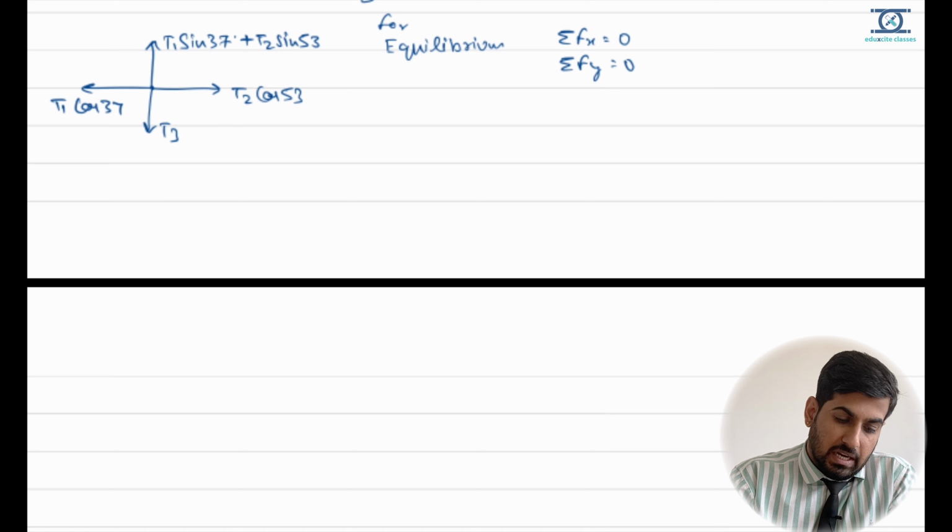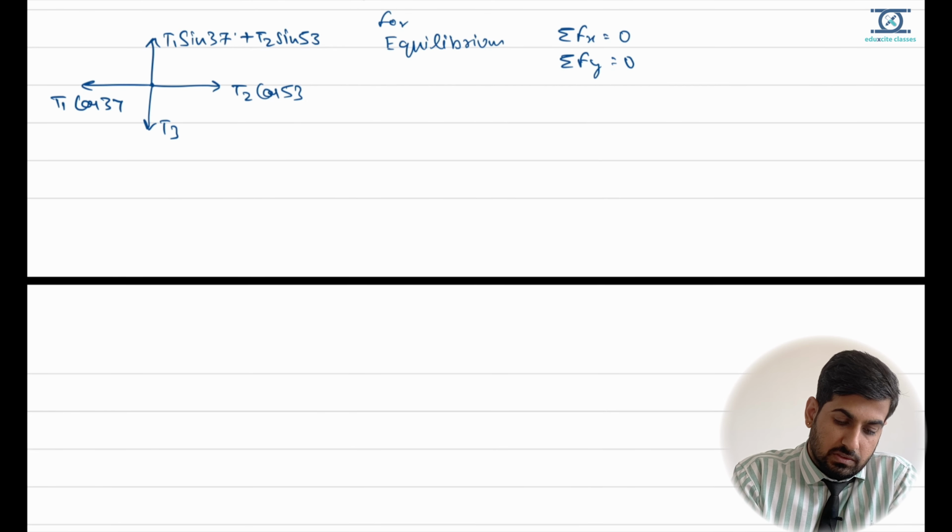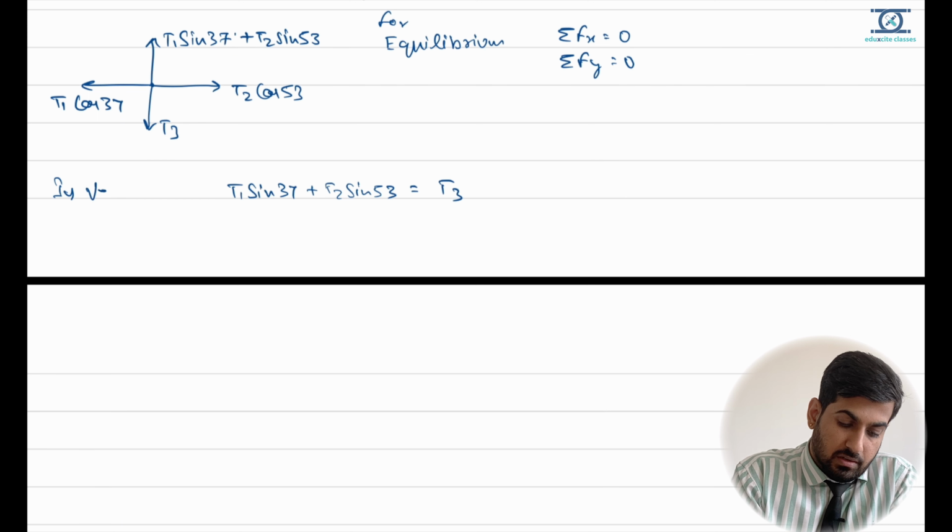So considering that, I can write down the equation as T1 sin 37 plus T2 sin 53 is equal to T3. This is the equation in the vertical direction, and in horizontal it will be T1 cos 37 equal to T2 cos 53.